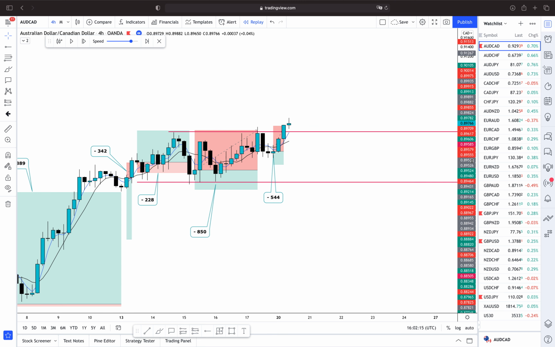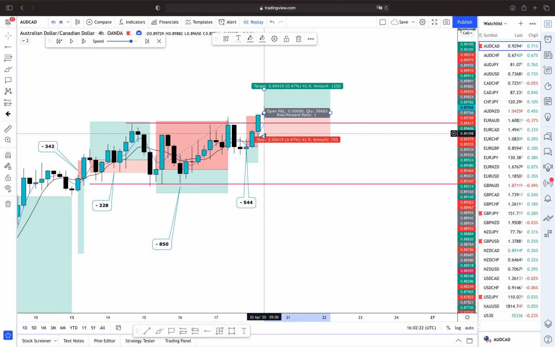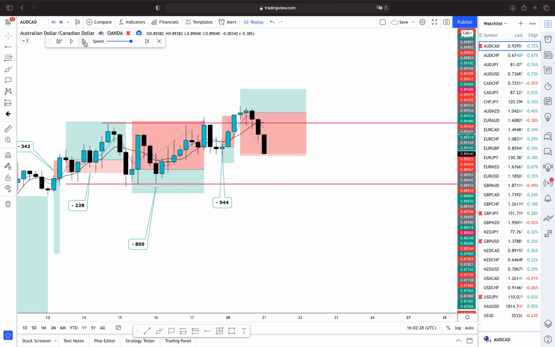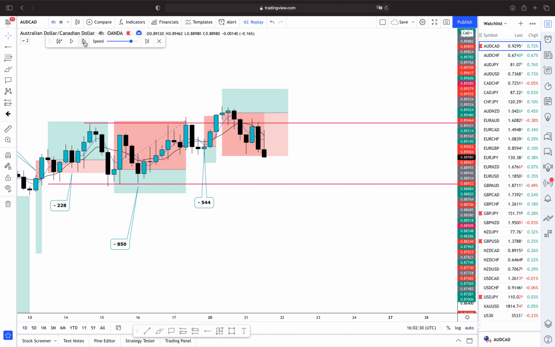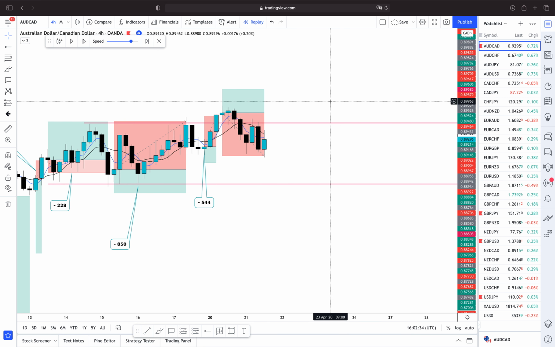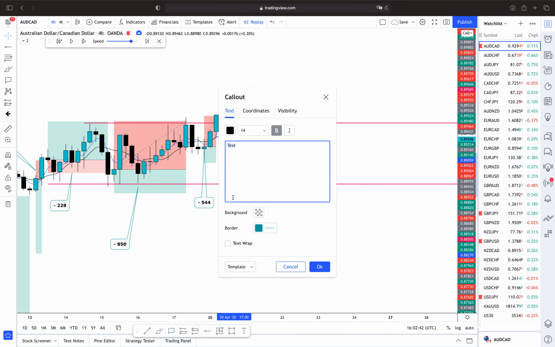So what I'll do, I will take this trade with a small risk, and let me see. I got tagged out.